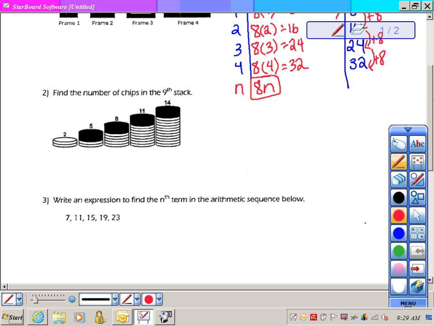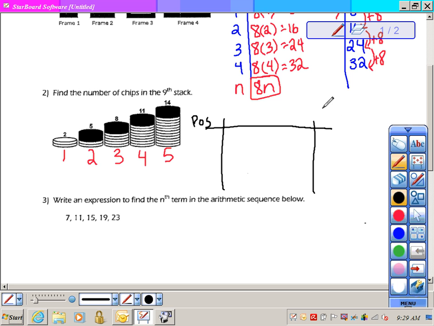So these are chips, right? They're already counted, so we need to write the positions. This is position 1, 2, 3, 4, 5. So I'm going to draw my table.